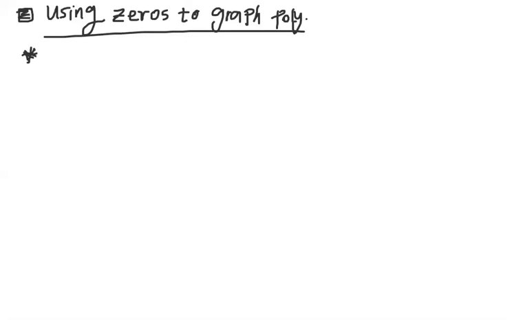If p is a polynomial function, and I also define another thing, c is a real number.